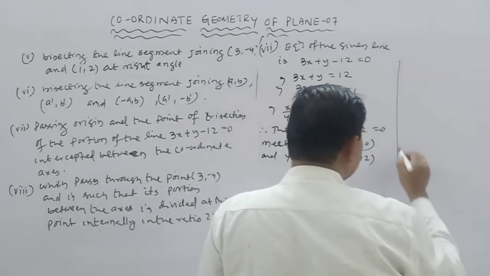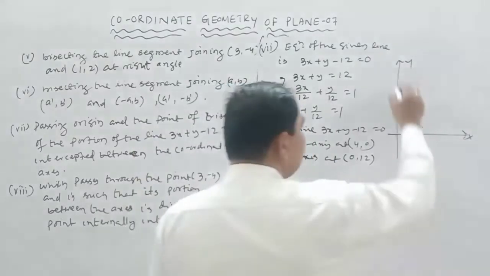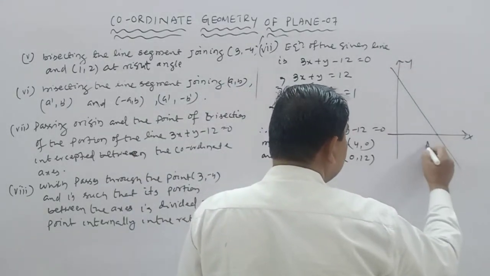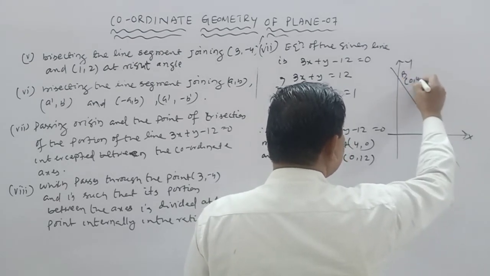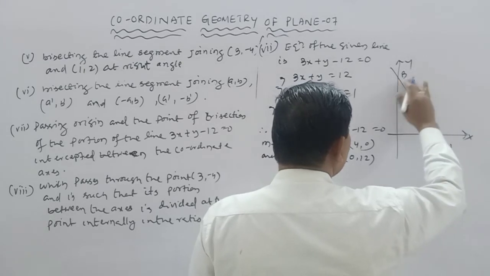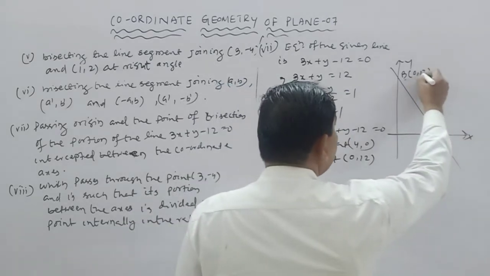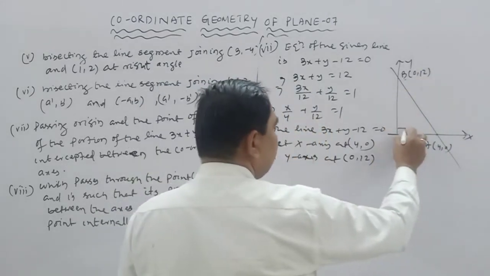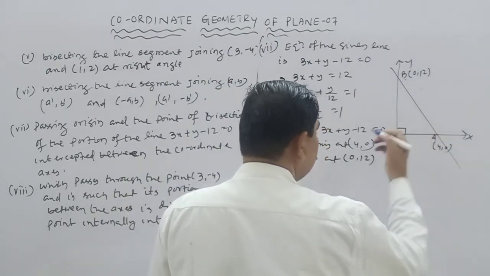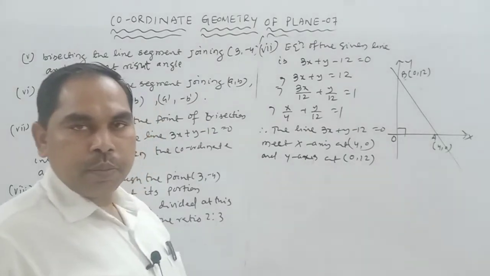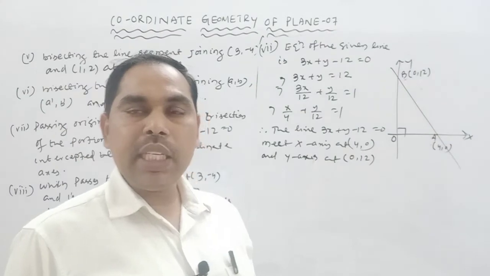This is the x-axis, this is the y-axis. This is point A having coordinates (4, 0). This is point B having coordinates (0, 12). This is the origin. This is the intercept form. OA is called the x intercept and OB is called the y intercept.